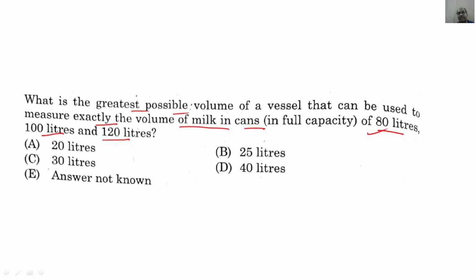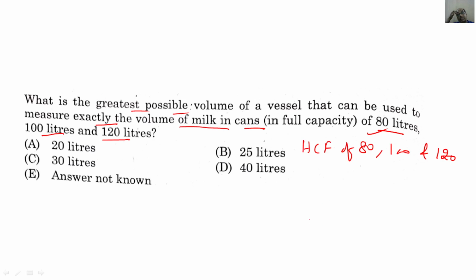So it is nothing but, gentlemen, it is HCF of 80, 100 and 120. So if we are finding HCF, highest common factor of 80, 100 and 120, will give us the capacity.